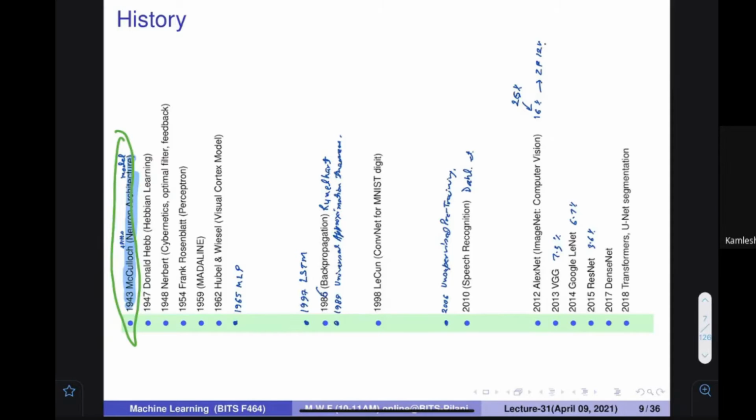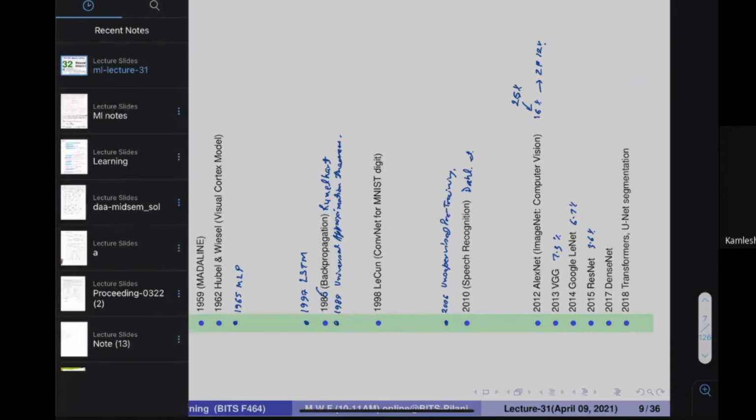He gave this idea that if things happen this way, then the weights of that particular line should increase. So this is Hebbian learning. People talked about this particular method.